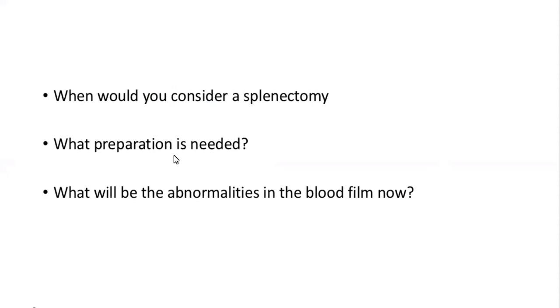So what preparation is needed for a splenectomy? There's a risk of infections due to capsulated organisms. So we have to vaccinate the patient prior to the splenectomy, 2 weeks prior, with the pneumococcal vaccine, the Hib vaccine and the influenza vaccine.